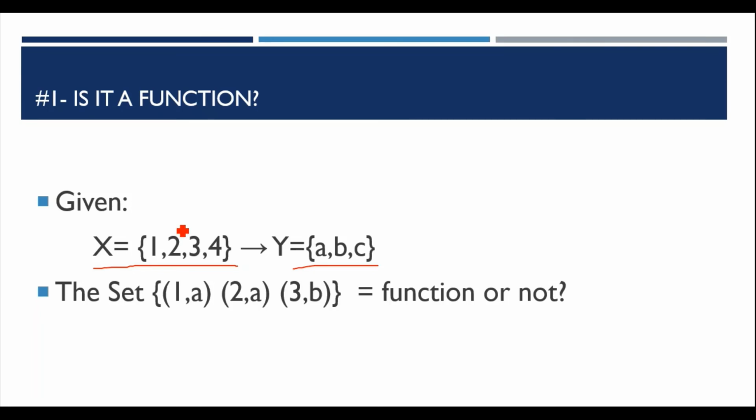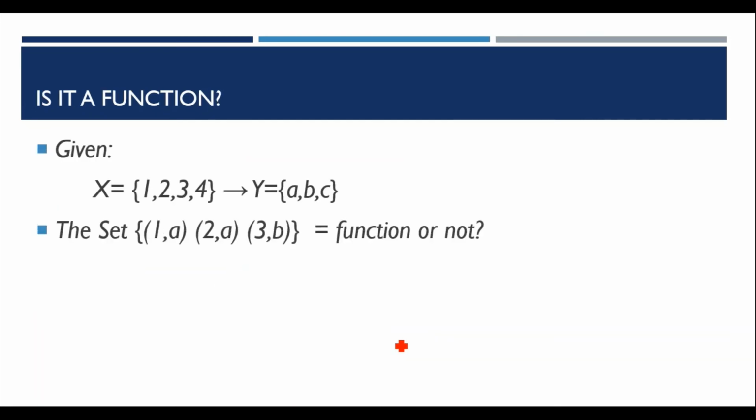The question is, is the given set of the function, such as 1a, 2a, and 3b, a function or not? Given the sets, so we have here 1a, we have here 2a, then we have here 3b. Okay, we derive from this set. Is it a function or not?